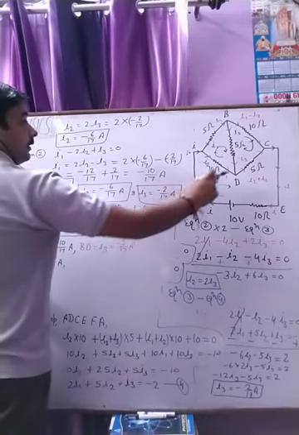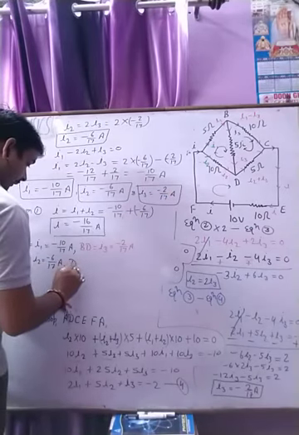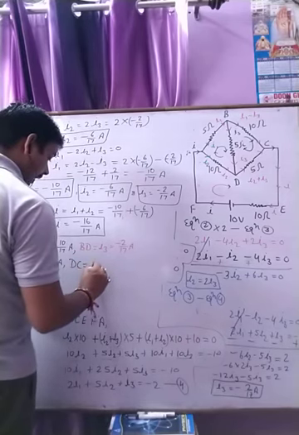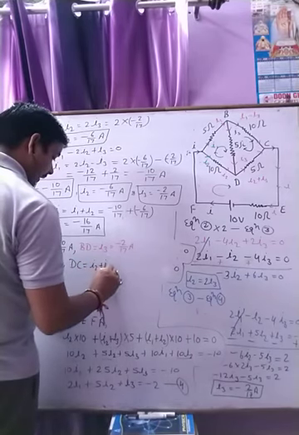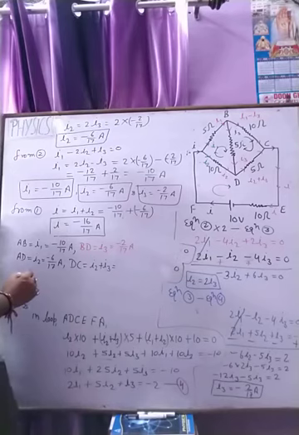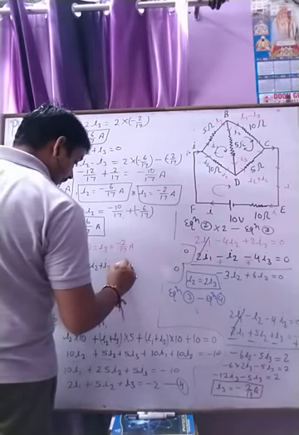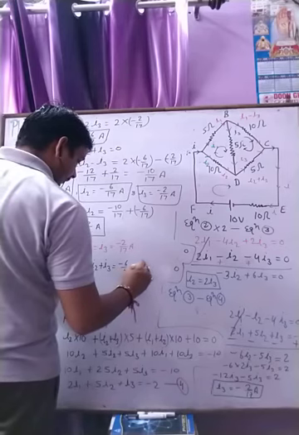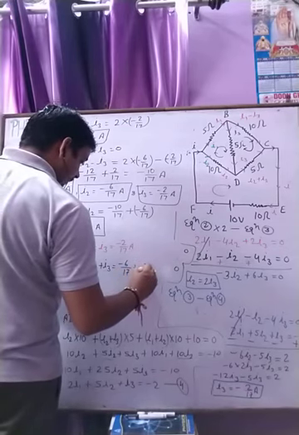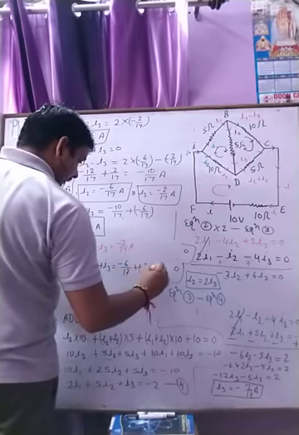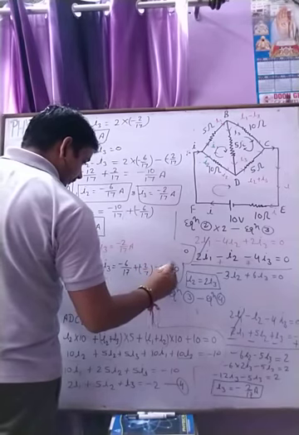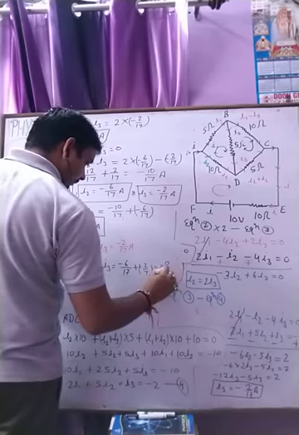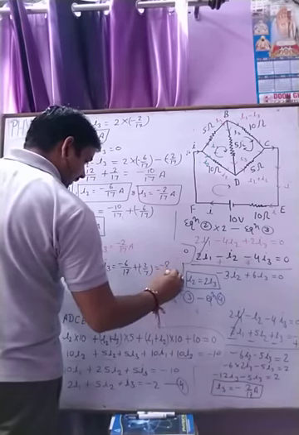Next is current in branch DC, which is I2 plus I3, that is minus 6 by 17 plus minus 2 by 17, which is minus 8 by 17 ampere.